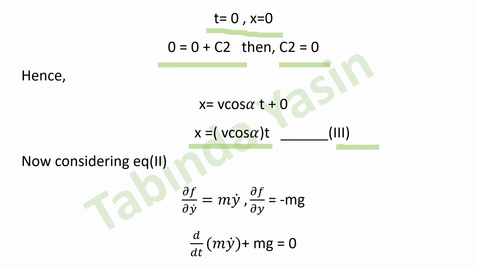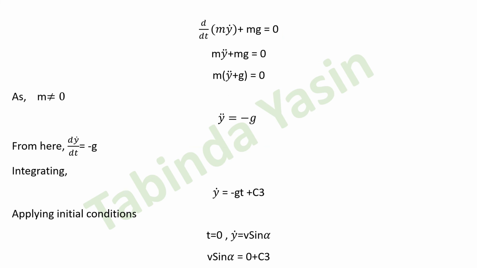Substituting those values in equation 2, we get d by dt of my dot plus mg is equal to 0.